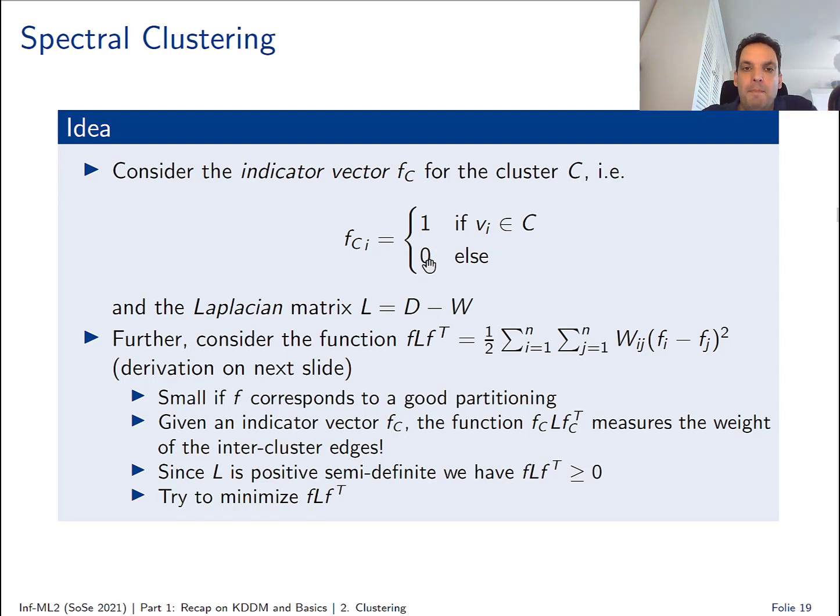So we have k indicator vectors, and each indicator vector has n entries.